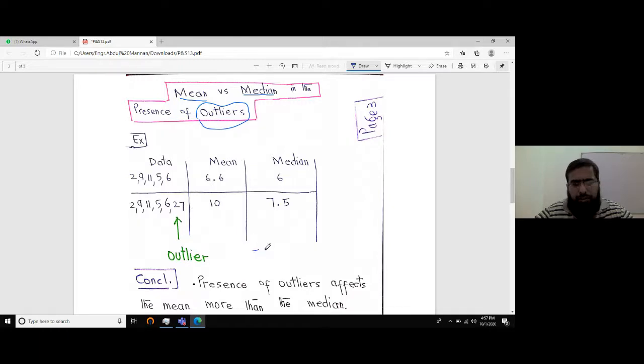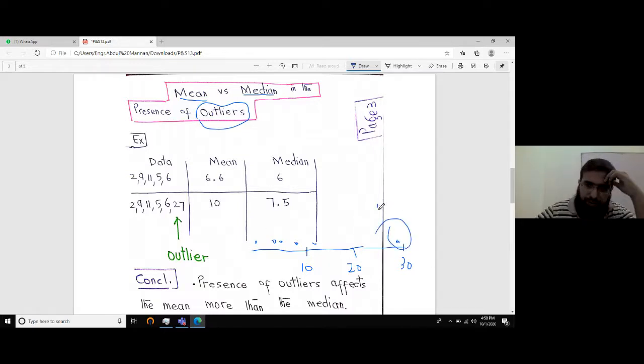If we draw a dot plot, this is 10, maybe this is 20, and this is 30. And if we draw these numbers from the second example, 2, 9, 11, 5, 6, and then we have the number 27, which is very far away from the rest of the data.